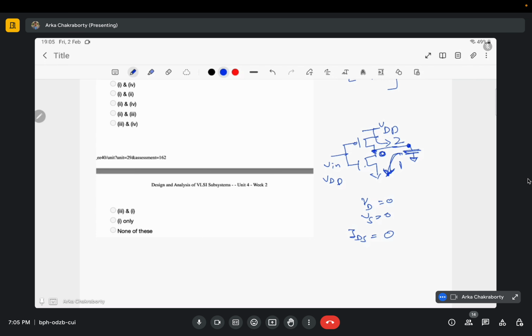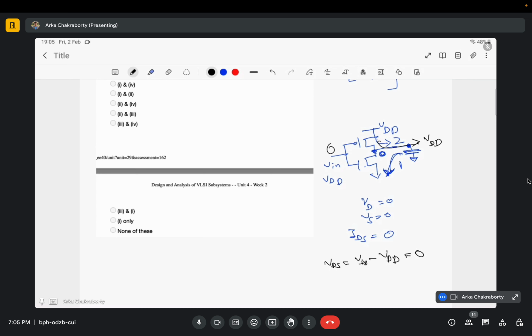Similarly, if it was 0, this would have charged to VDD, and again my VDS would have become VDD minus VDD, so it would have become 0. Again my current would have become 0. So at equilibrium, you should think on this point.